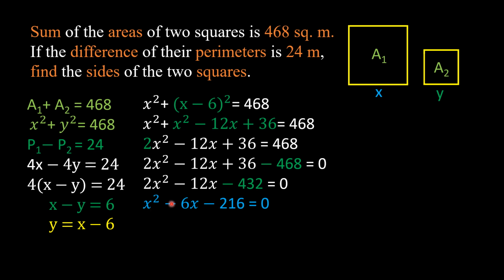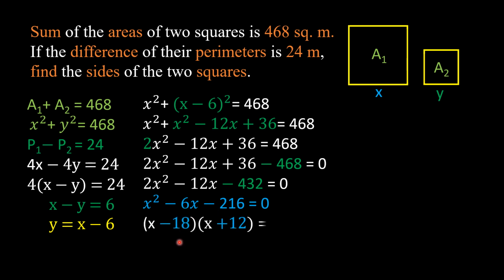So x square minus 6x minus 216 equals 0 is the quadratic equation which we have to find in order to get the value of x. After getting x, we will substitute here and get the value of y. Now, since the coefficient of x square is 1, we will find two factors of minus 216 such that the sum of these factors will be minus 6.